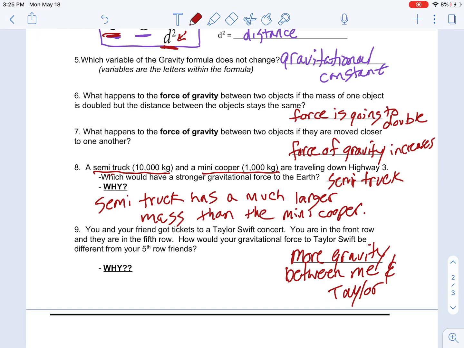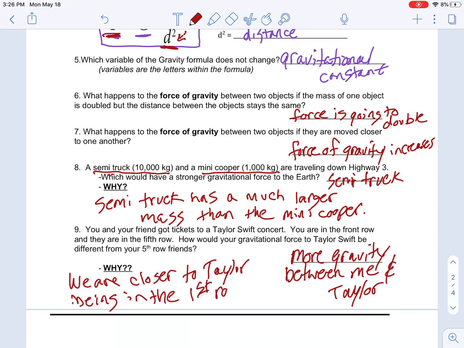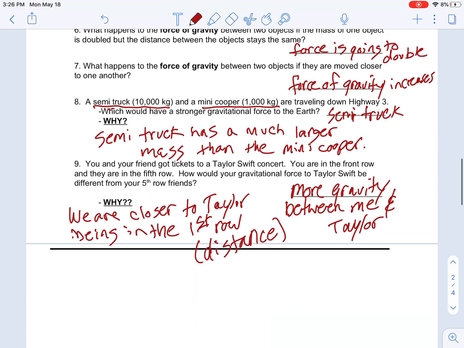The reason why is because we are closer to Taylor, because we're in the first row, than my friends in the fifth row. So what's different here is the distance. The distance is smaller, so the gravity is greater.